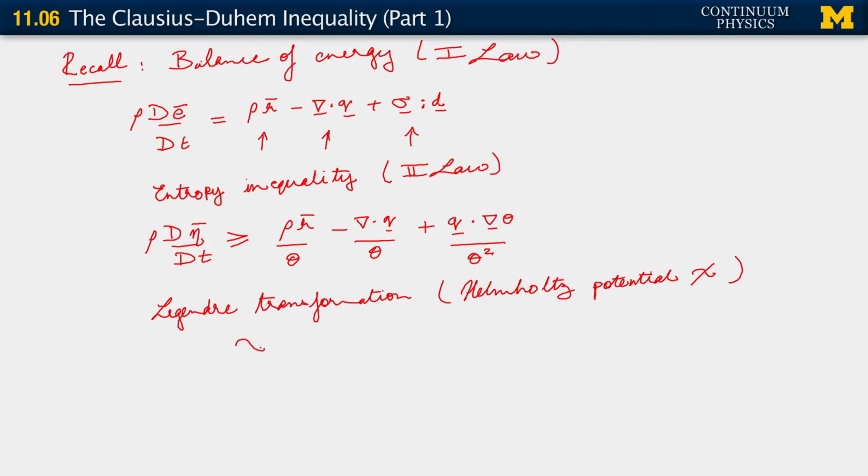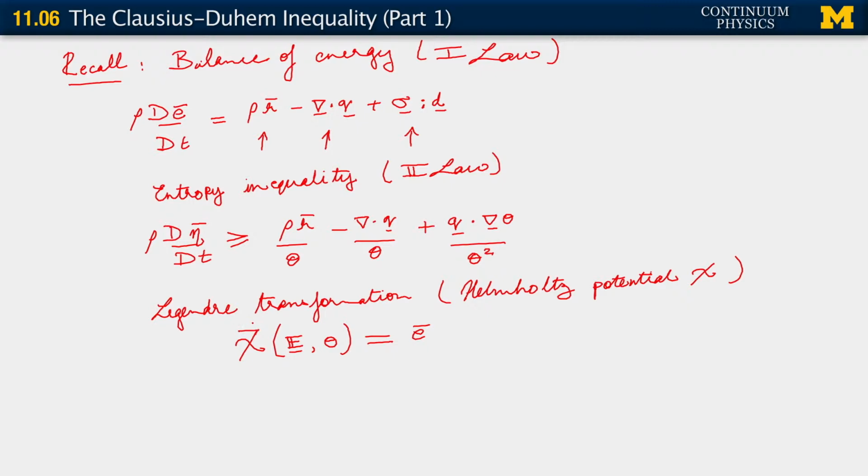That relation is chi, now written as a function of the Lagrange strain and the temperature, equal to the internal energy per unit mass. I realize that I defined chi perhaps without including the bar over it previously.